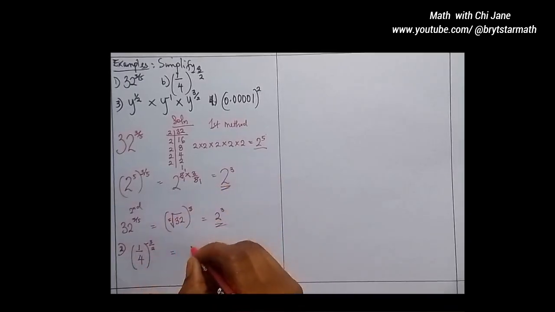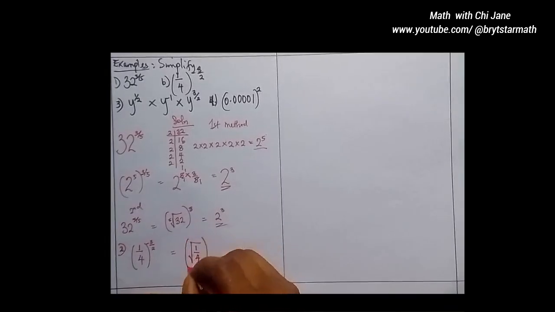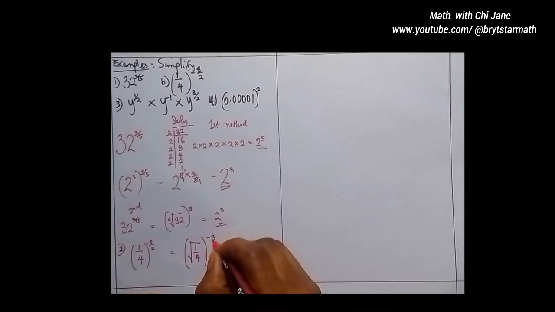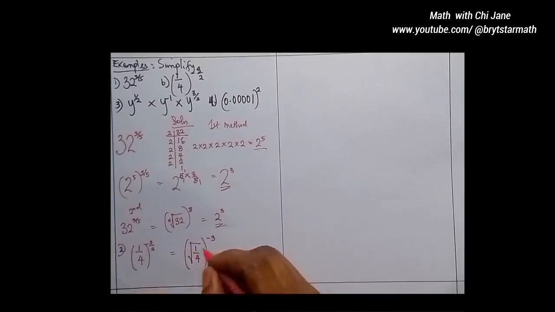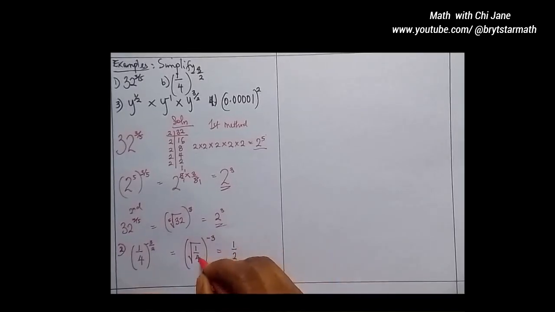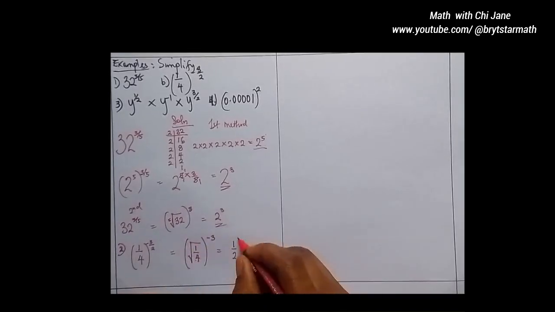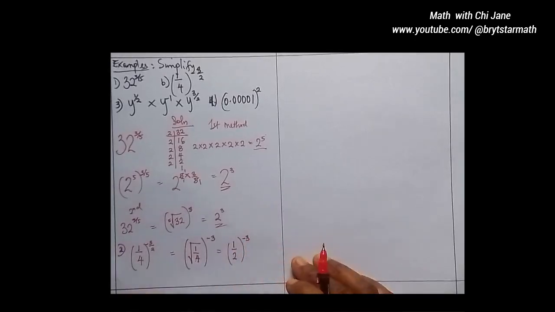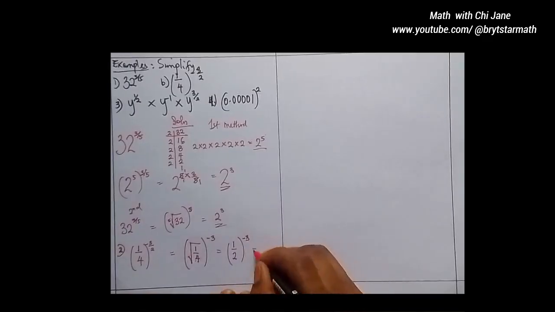I'll use the second method where we have the square root of 1 over 4 everything raised to the power of minus 3. The square root of 1 over 4 is 1 over 2, meaning 2 times 2 is 4, 1 times 1 is 1. So 1 over 2 raised to the power of minus 3.